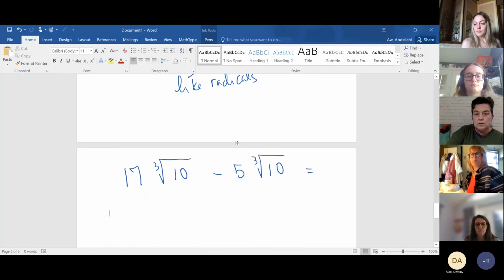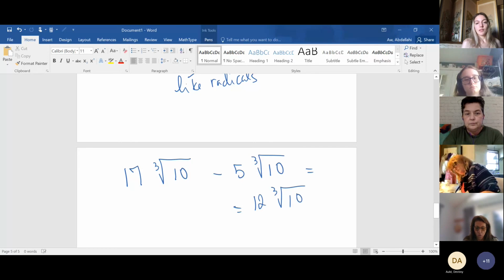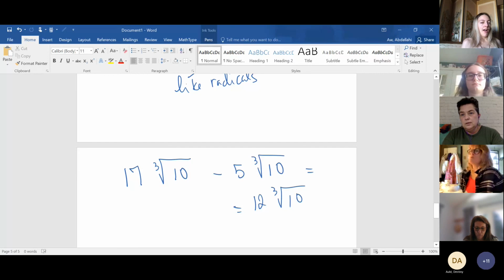Yes. They are the same. So what's going to be the answer then? 12 cube root of 10. Exactly, 12 cube root of 10. It's like saying 17 cars minus 5 cars is 12 cars, right? But they have to be like radicals.